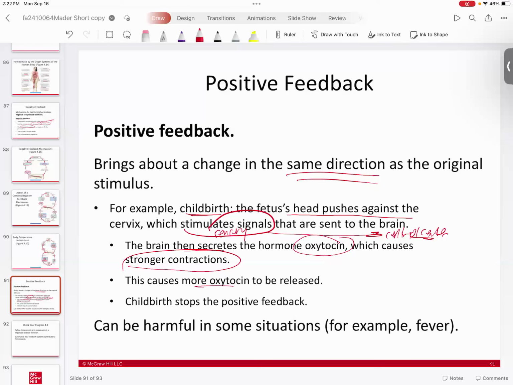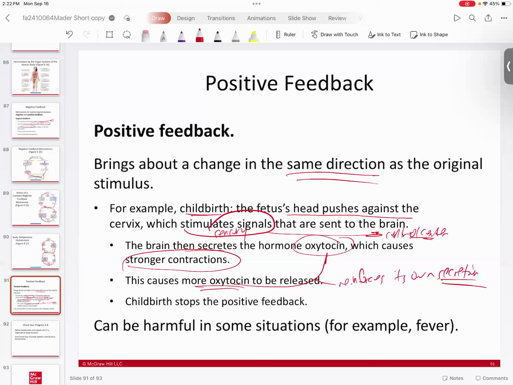The more oxytocin that's released, the more it reinforces its own secretion. This is one of the reasons why birth contractions become stronger and stronger, because you're seeing kind of an exponential increase. They start off slight at first, and then they get stronger and closer together. That's because of that positive reinforcement.